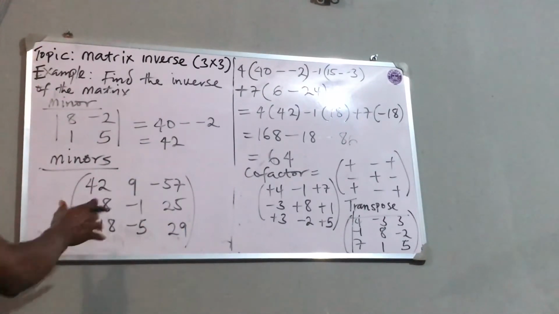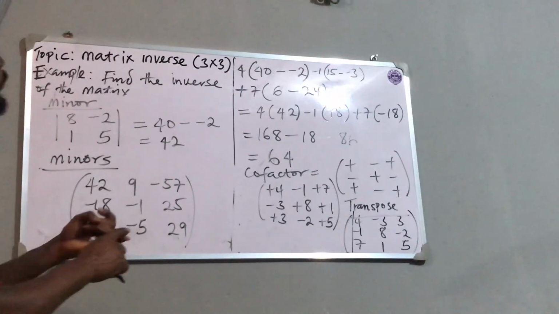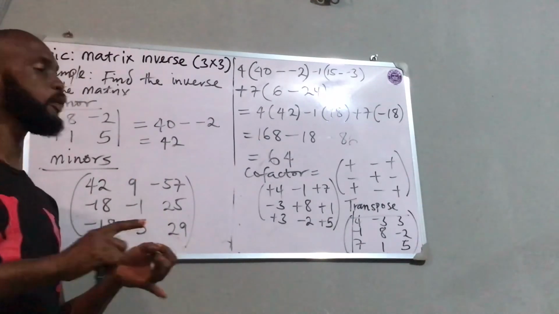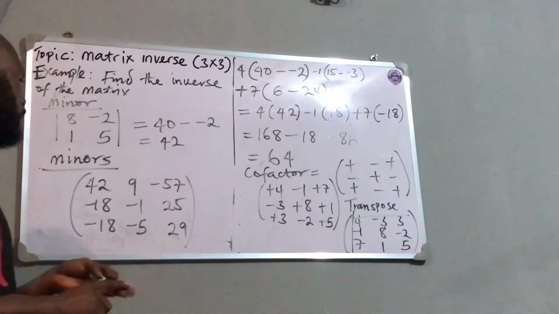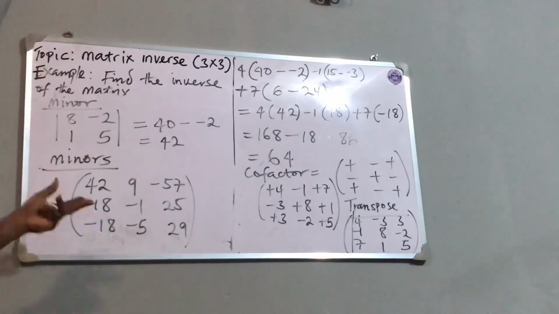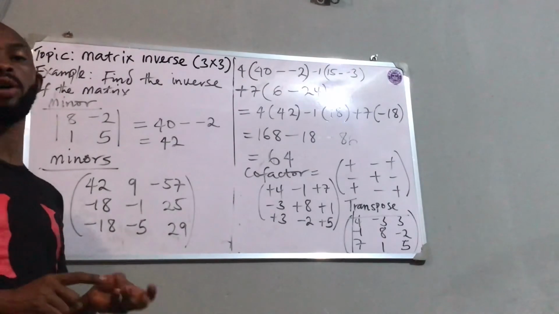Now if this is the minor, after you've gotten your cofactor, you've transposed, and you've gotten your minor, then you know that that is the same thing as your adjoint.